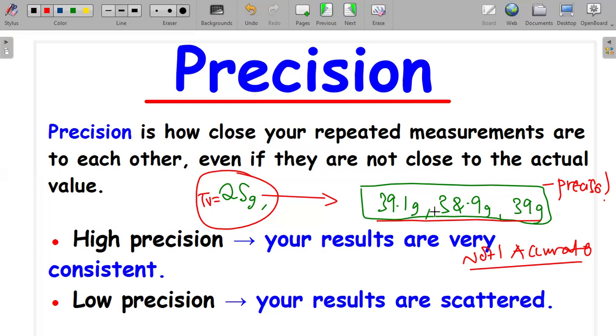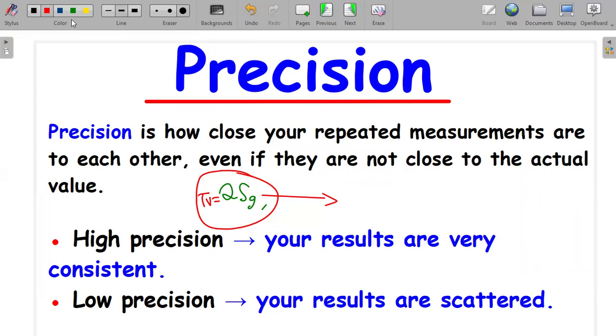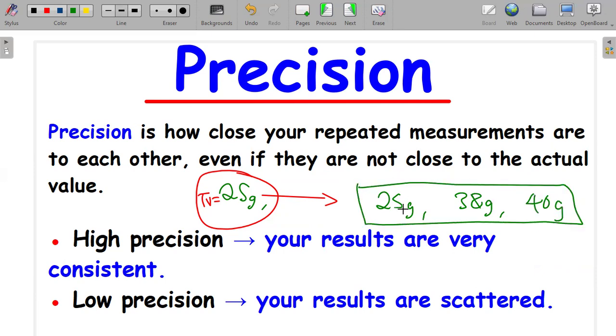And then when you say we have low precision, it means the results are scattered or they are very far from each other. So let me give an example of the results that are not precise. So I'm going to say maybe I have 25 grams, and then I have 38 grams, and then I have 40 grams. So these are my three measurements. You can see that these measurements are not close together.